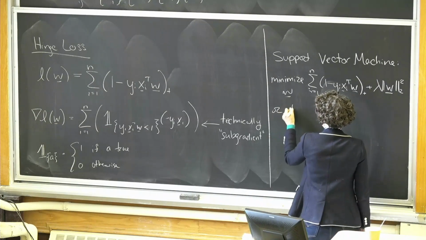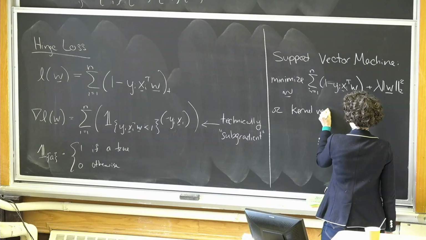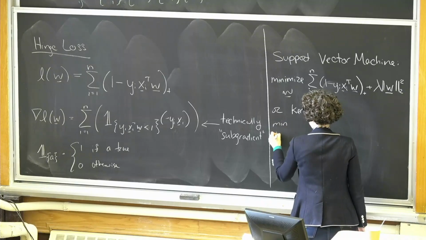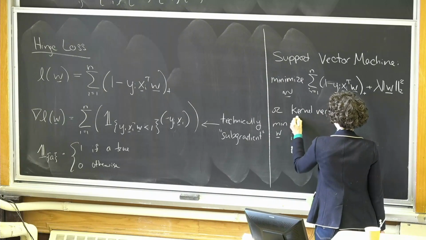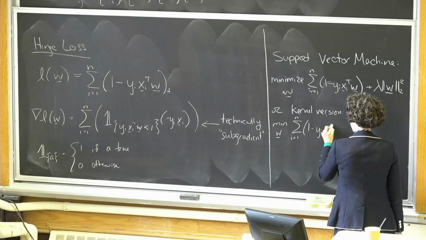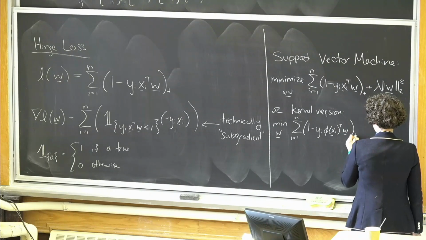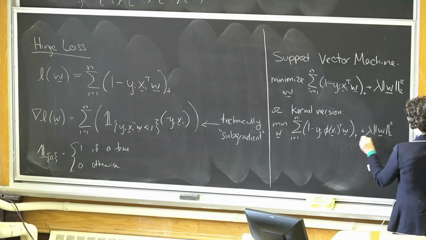Or we could do the kernel version, where we minimize, with respect to W, the sum from i equals 1 to n of 1 minus y_i, and now we've got phi of x_i transpose W, positive part, plus lambda times the norm of W squared.